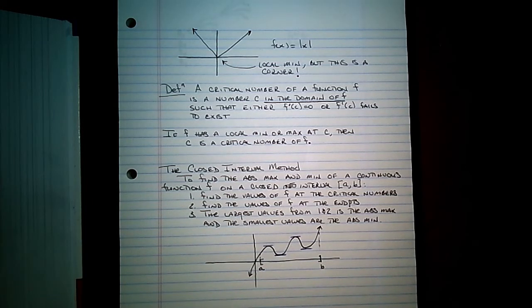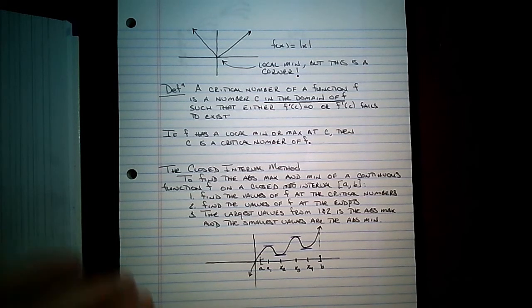There is nowhere on this graph, and perhaps I should have made a graph with a corner in it as well, where the derivative fails to exist. It's continuous and differentiable. However, there are 4 places where the derivative equals 0. So what does this method say to do? It says to identify these. Call this x1, x2, x3, x4.